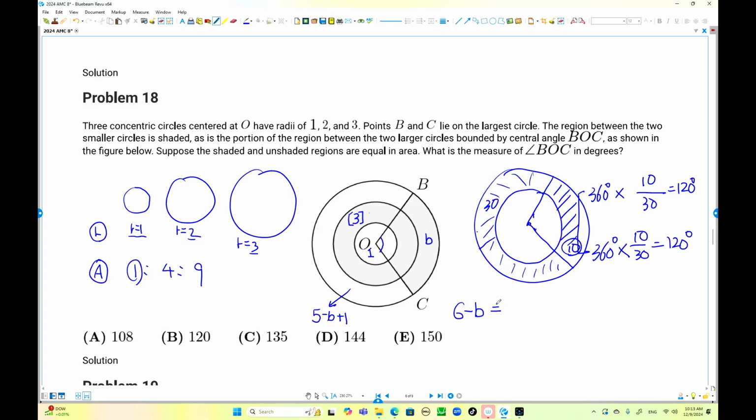What is the shaded one? The whole thing is 3 plus B, isn't it? So what is the value of B? Let me see, 6 minus B equals 3 plus B, that's right. So 2B equals 3, all right? 2B equals 3 and B equals 1.5, isn't it? This is 1.5.